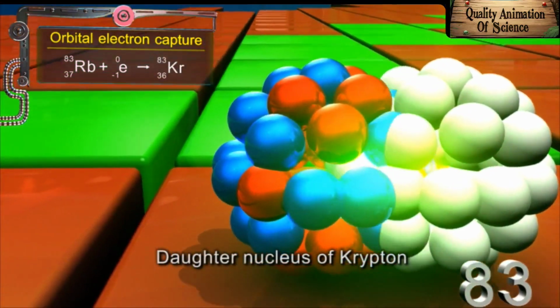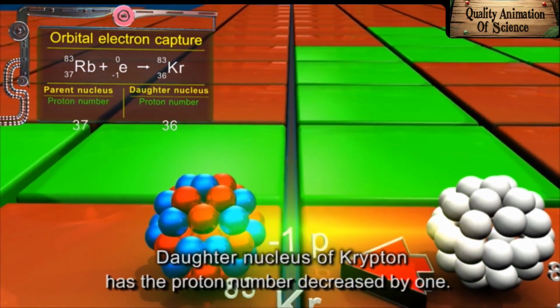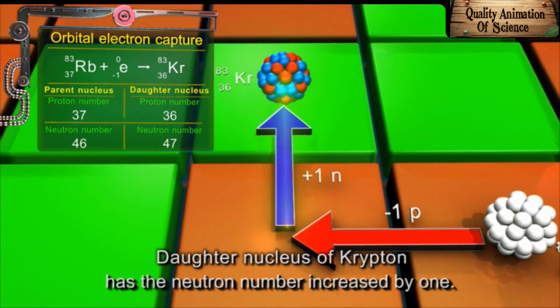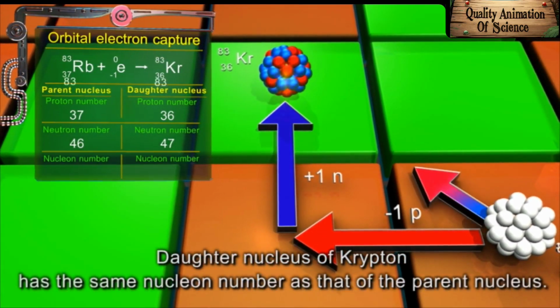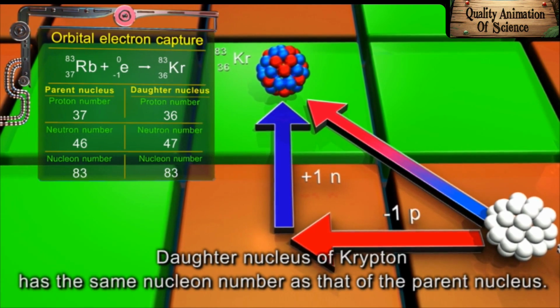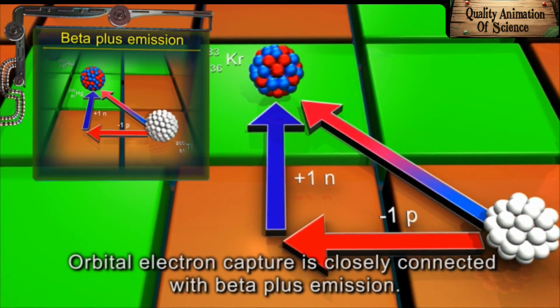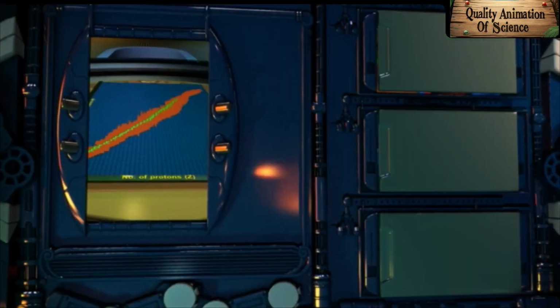The daughter nucleus of krypton thus formed has the proton number decreased by 1 and neutron number increased by 1, but its nucleon number remains the same. Orbital electron capture is closely connected with beta plus emission.